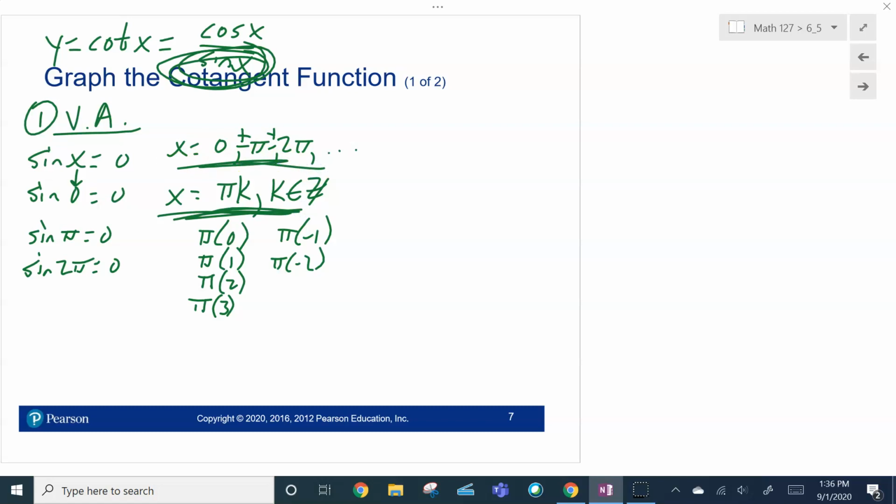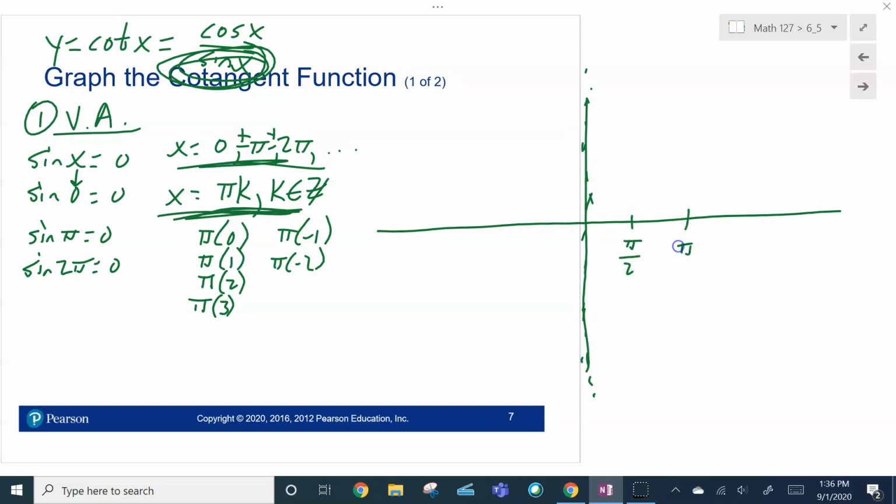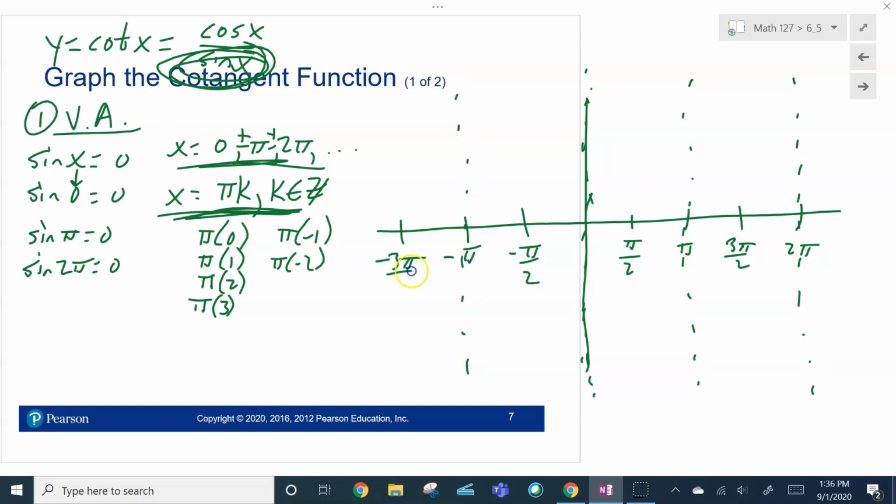Okay, so let's put this on a graph here. x equals 0, x equals pi, 2 pi, negative pi, and so on.